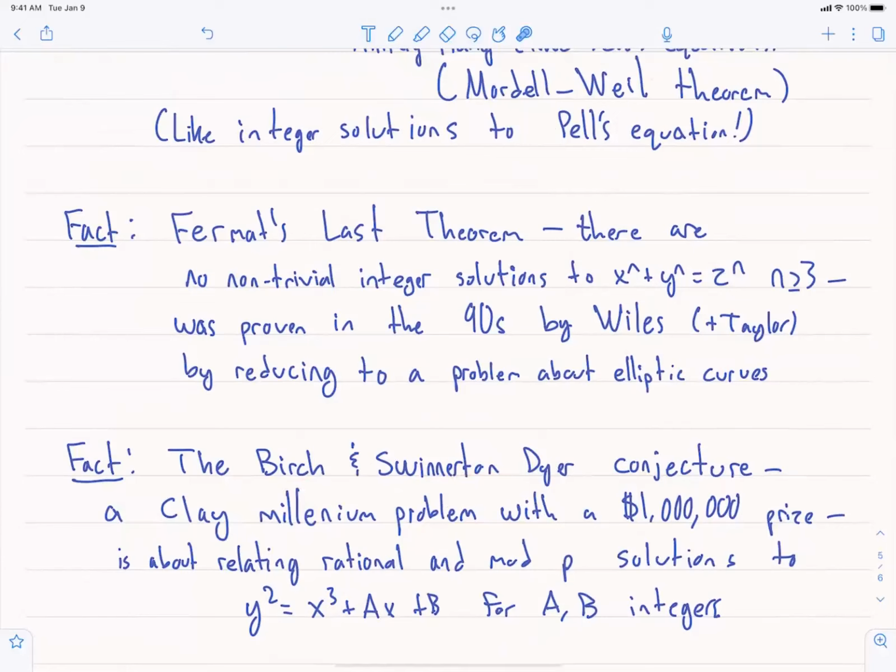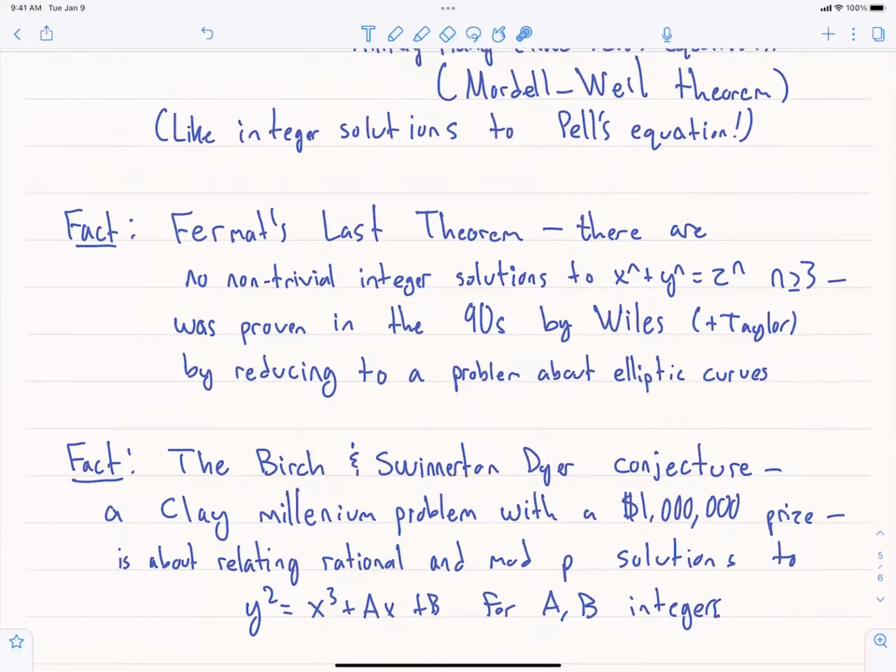Very roughly, this is a conjecture relating rational and mod p solutions of y squared equals x cubed plus ax plus b when a and b are integers. So if you think about elliptic curves hard enough, you can come away with $1 million, maybe. Lots of people have tried, so I wouldn't pin your retirement on it.